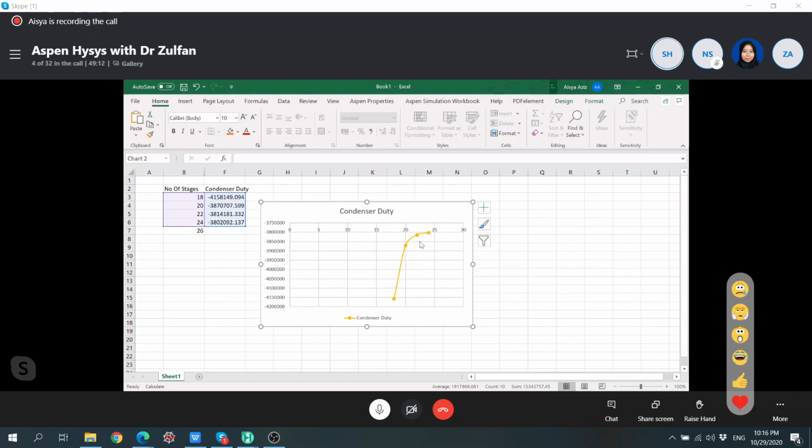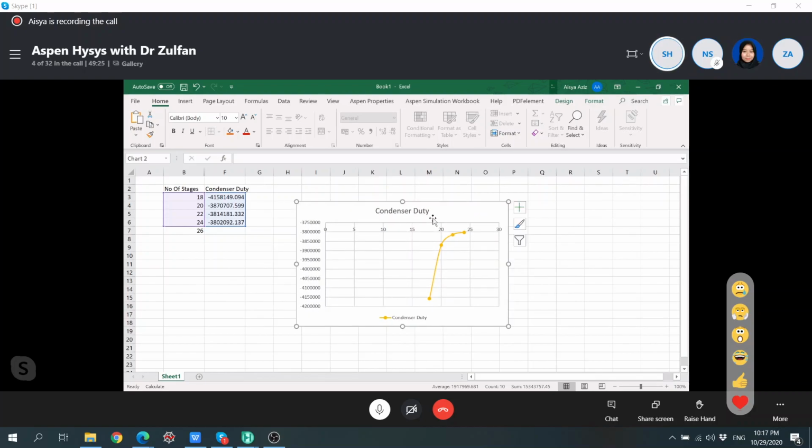So you have a reduction in the condenser duty. At the beginning, from stage number 18, you have a steep increase if you add stages, but if you add stages above 22, 24, they are about the same. It's going to plateau. If you change it to the reboiler or the reflux ratio, you could see the same pattern.